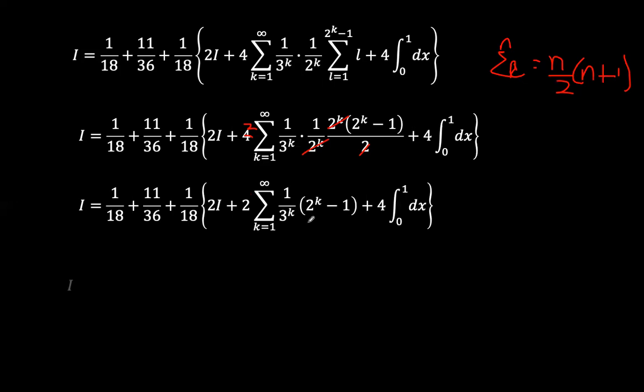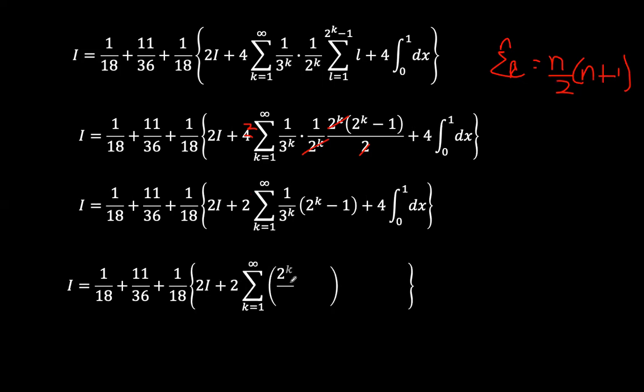So we can now reorganize this a little bit so that we have a geometric series. So this is 2 over 3 to the power k minus 1 over 3 to the power k. This is a geometric series with initial value 2 over 3 and common ratio 2 over 3. Again, geometric series, initial value 1 over 3, common ratio 1 over 3.